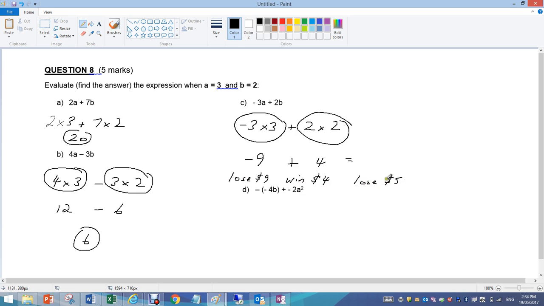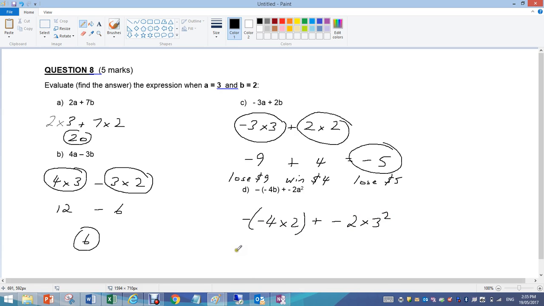So that would be, losing $5 is minus 5. So that's our answer.